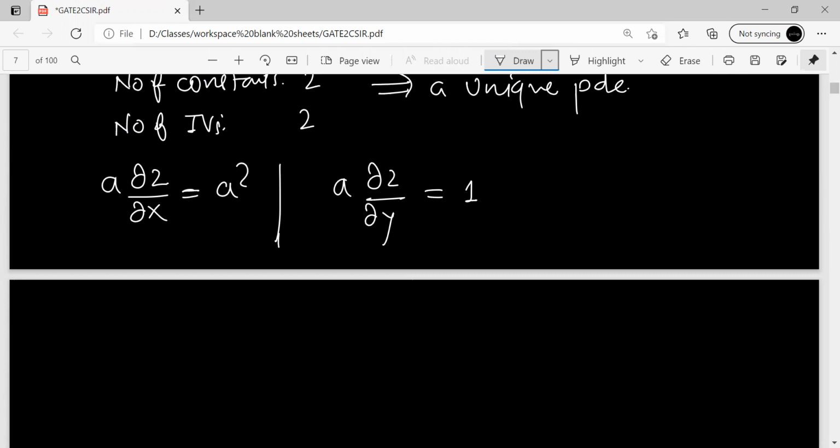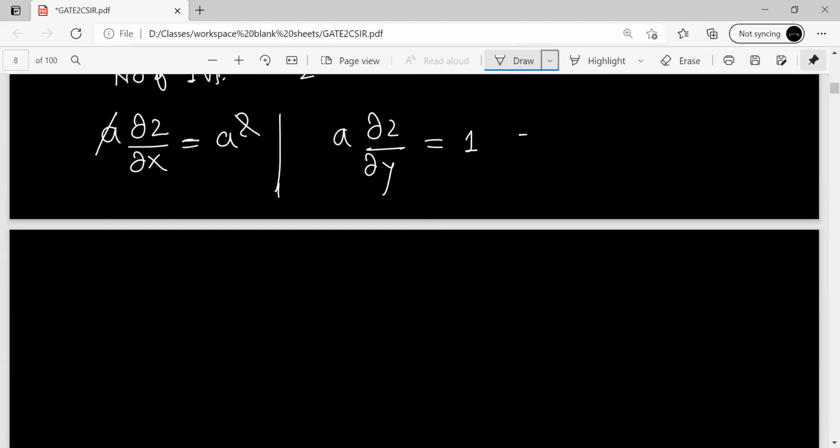Can I think of dividing by a? If I divide them, I'll be getting a square, basically. So this will not be good. Okay, so idea here is, just a moment. This is gone, and from here I'll be getting del C over del y equal to 1 upon a.